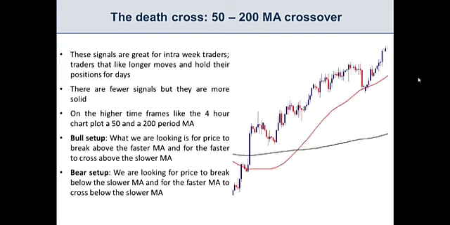Now here's an example of a 4-hour chart of the Euro US dollar with a 50 period moving average, which is the red line, and a 200 period moving average, which is the black line. And this is the death cross because we already told you that the 200 period moving average on higher time frames is the border between the bull and bear market.